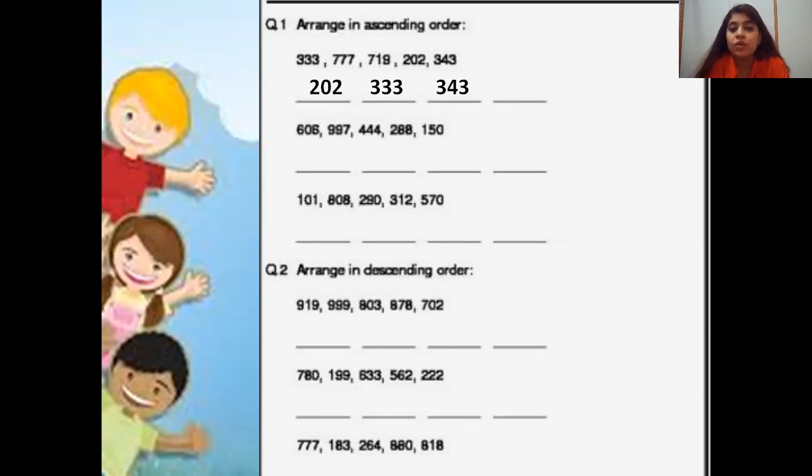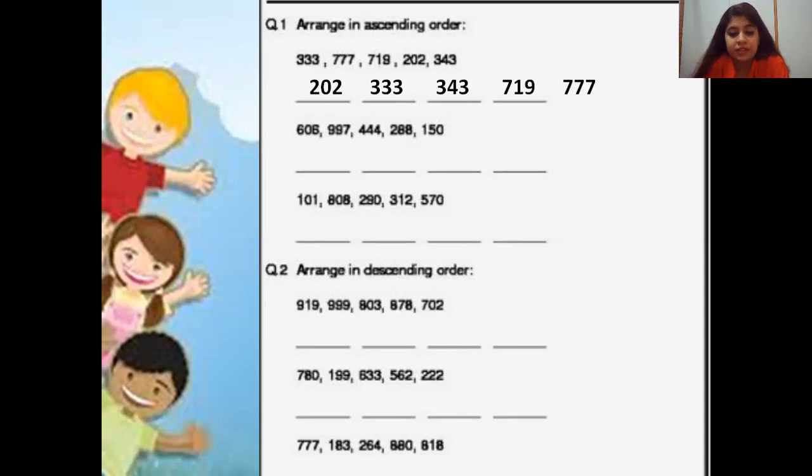Now, among these two numbers, which is the smallest number? It's 719. And which is a bigger number left now? It is 777. That is really very good.